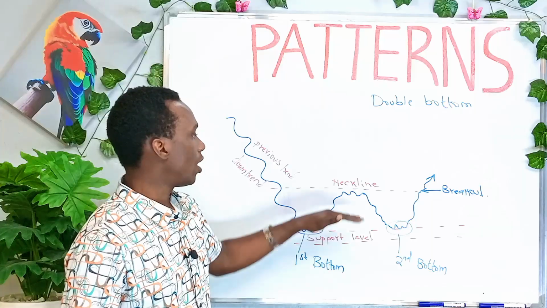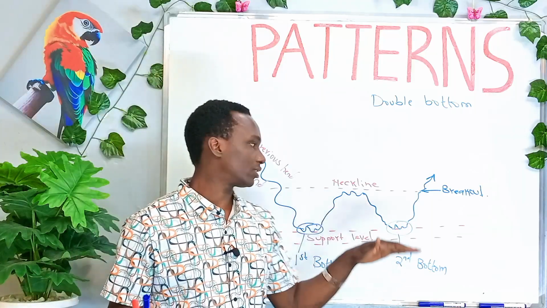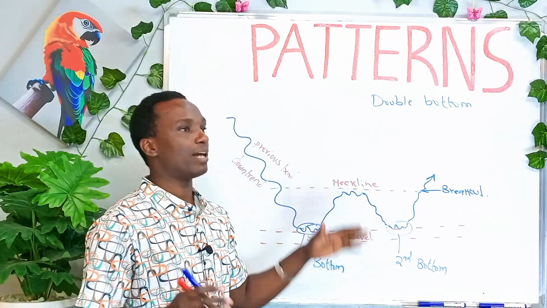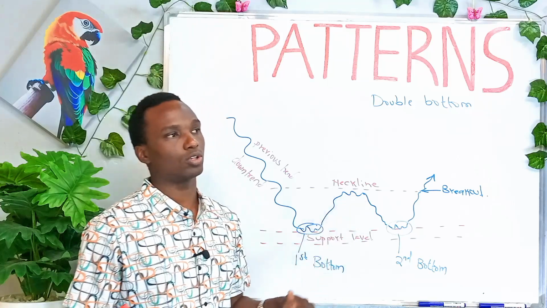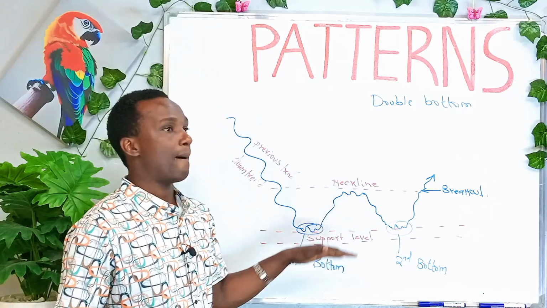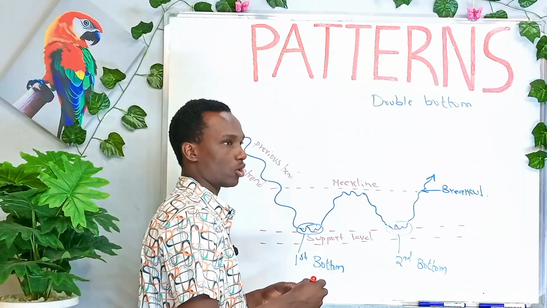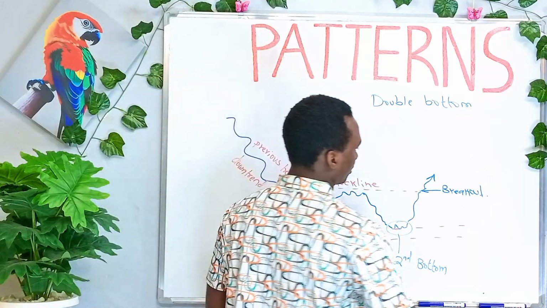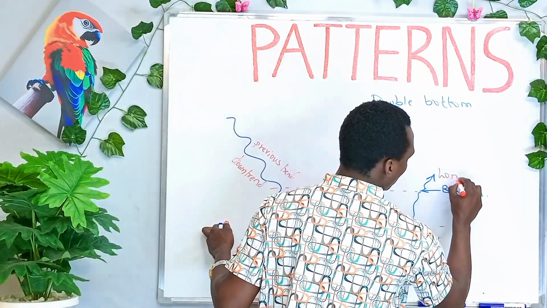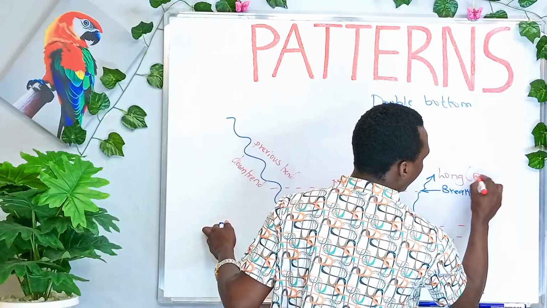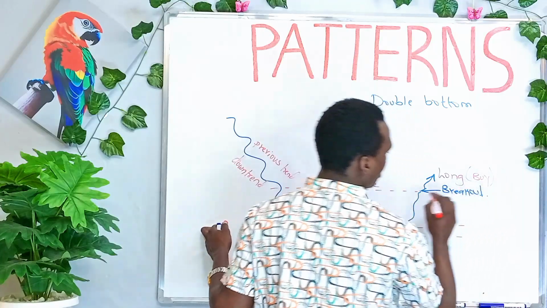Okay, so as I have rightly said, double bottoms are also reversal formations. By this time, we are looking to go long instead of short, meaning we are looking for a buy position.